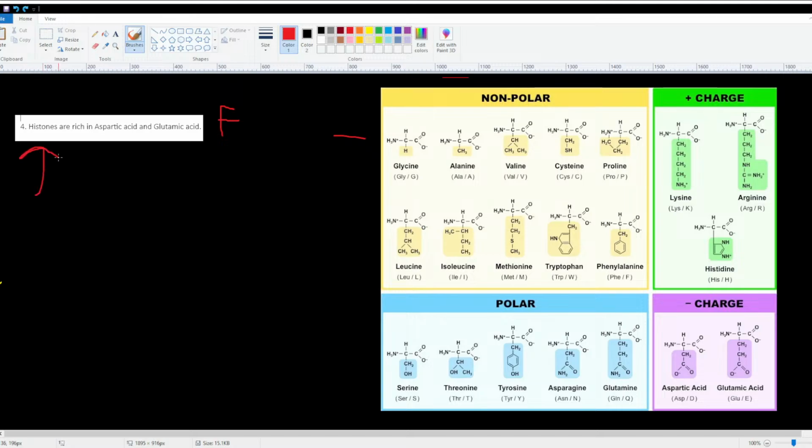So remember, histones are what bind together DNA. DNA wraps around the histones and it keeps it all together. It keeps it all condensed into one spot, I guess. So if we draw just like a basic nucleotide, right?